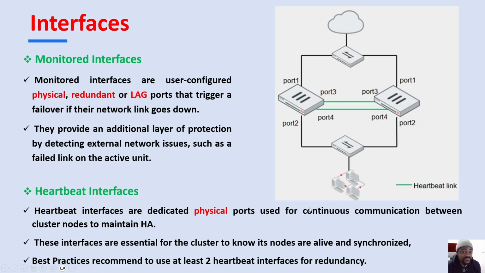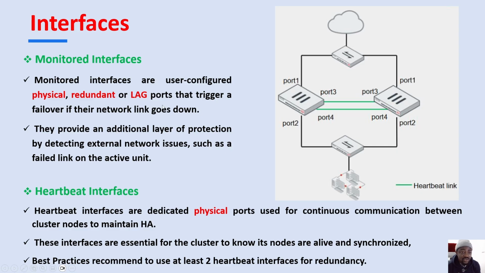Talking about the interfaces, in this image we have an HA cluster of two devices. You notice on these two devices we have these two links in green color. On a FortiGate HA cluster, you need to know we have two types of interfaces: what we call monitored interfaces and what we call heartbeat interfaces.